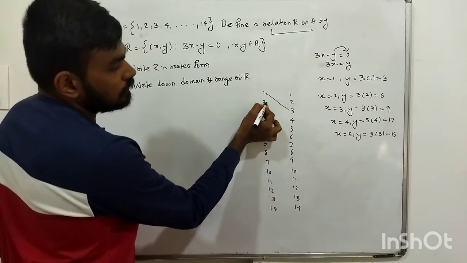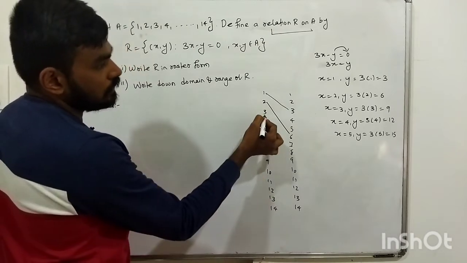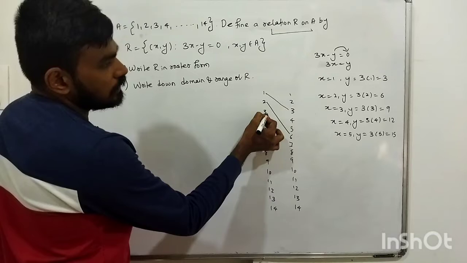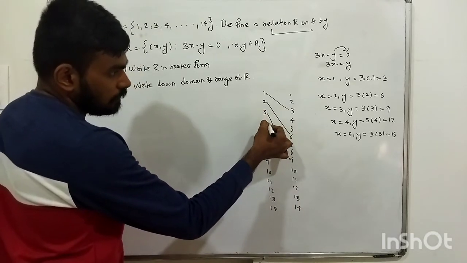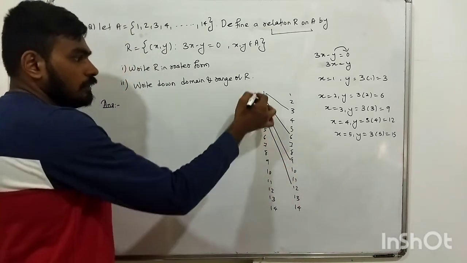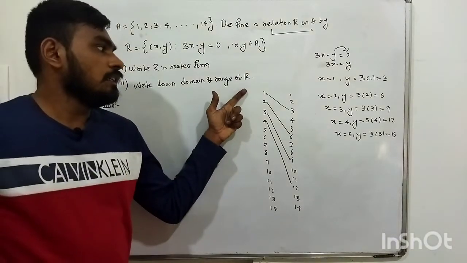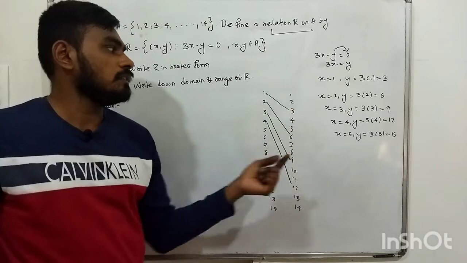In first set 2 is there, so it is 6. First set 3 is there, which is paired with 9. First set 4 is there, 12. Understood? First set 1 is there, second set 3 is there, so this we can take.